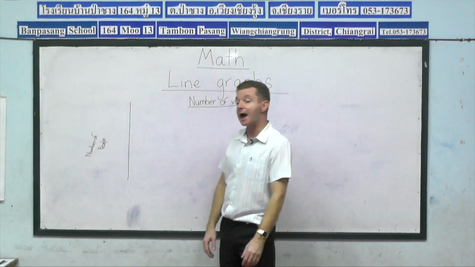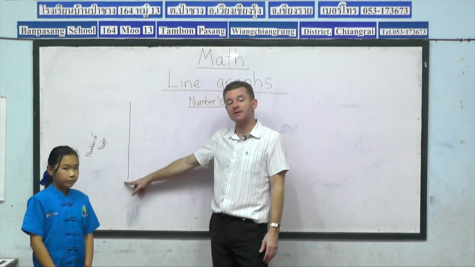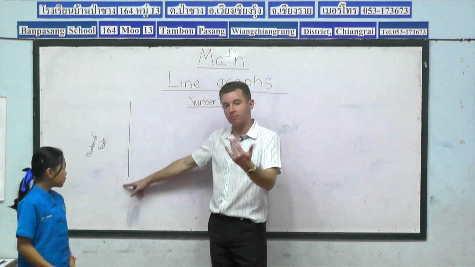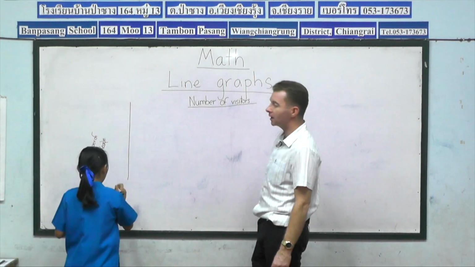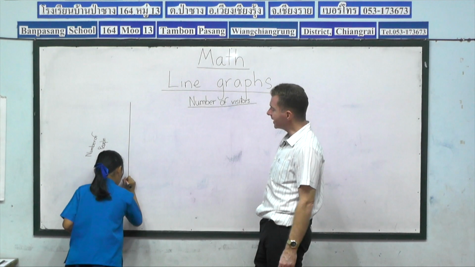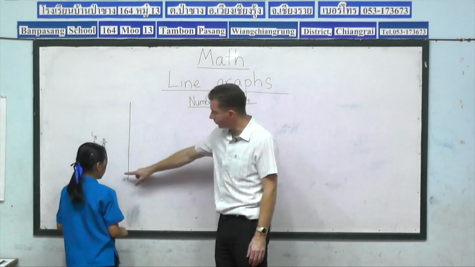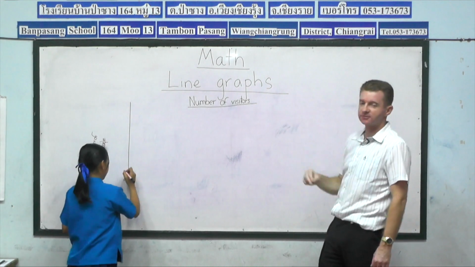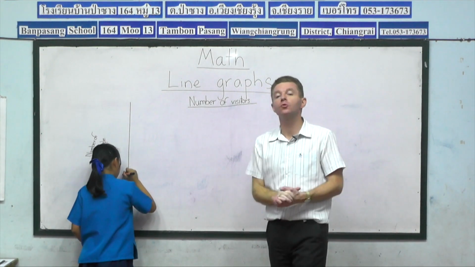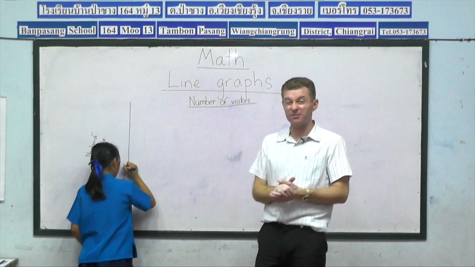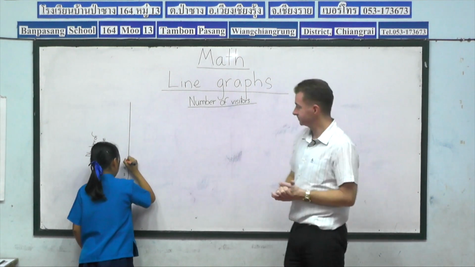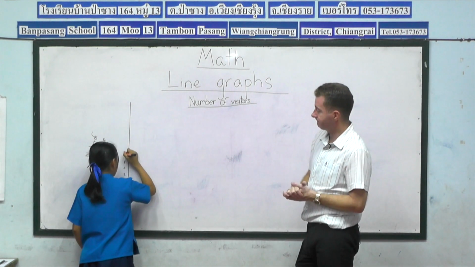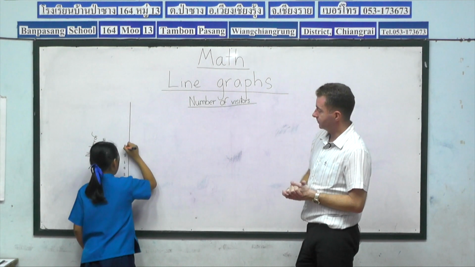So all axes will start with what scale at the bottom, guys? 0. Yes. And then I think our scale, Nadia, can we go up, not in ones, but can we go 2, 4, 6? So our scale will go up in 2s because we get quite a lot of visitors to our shop. Excellent.